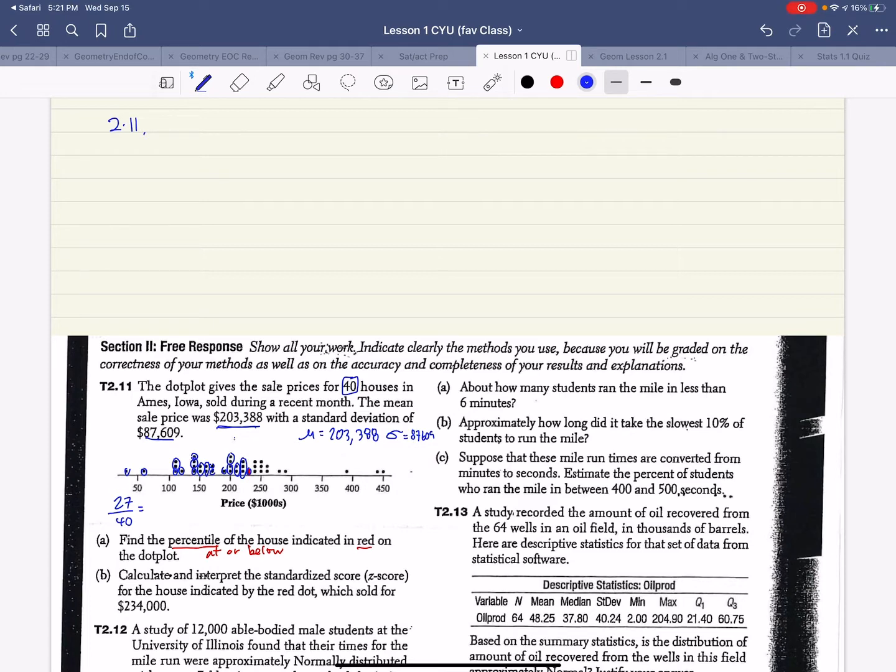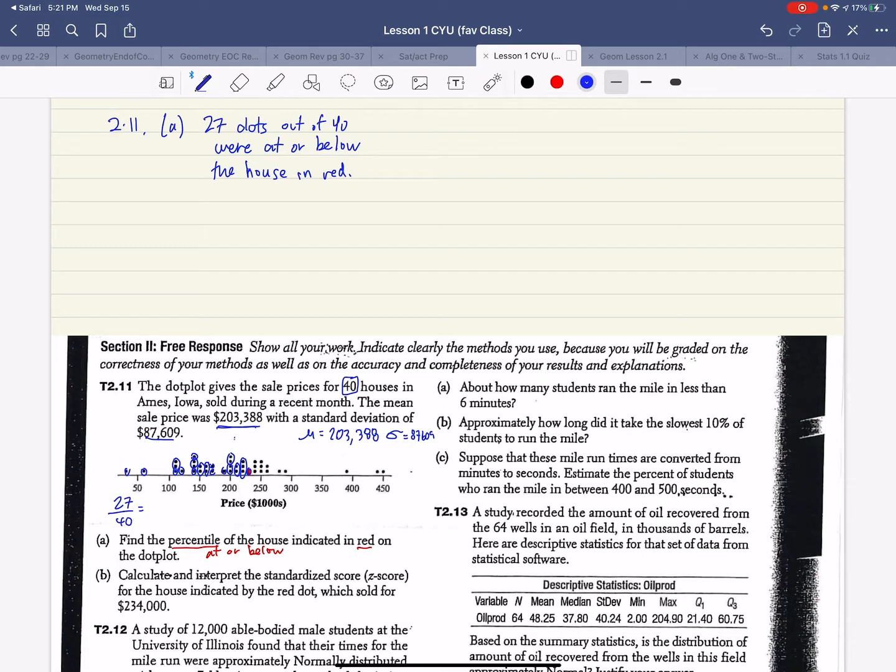Find the percentile, so let's say, right?